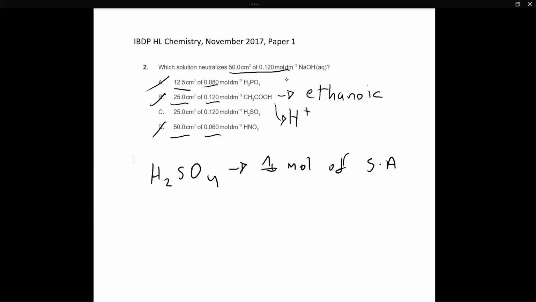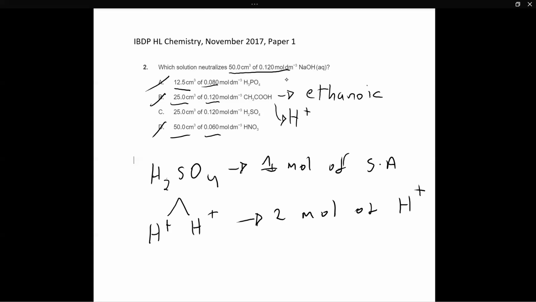When it dissociates completely, it is capable of producing 2 protons because, of course, it has 2 hydrogens. That means 1 mole of sulfuric acid is capable of producing 2 moles of H+.